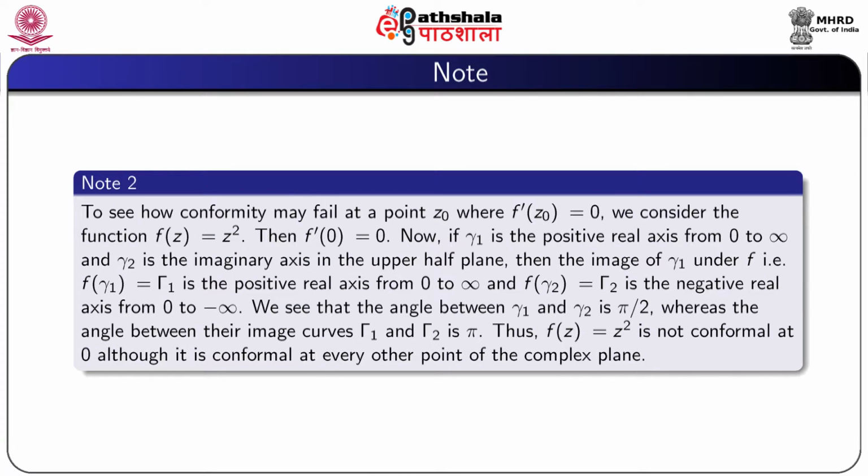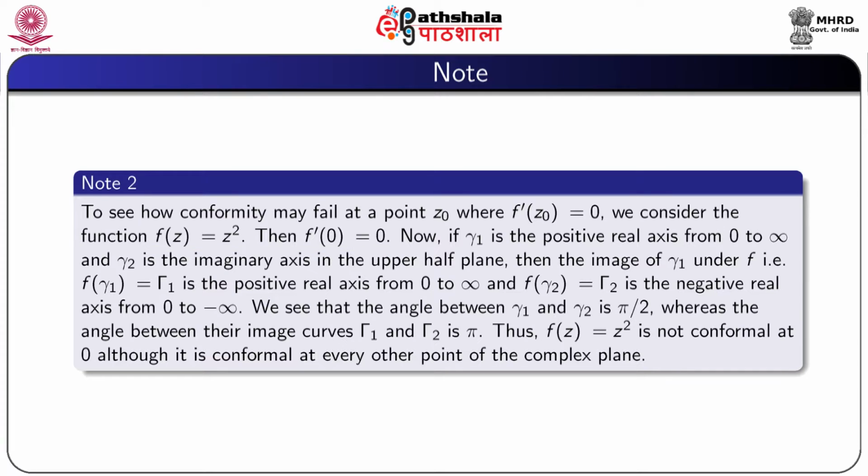So, another note, to see how conformality may fail at a point z0 where f dash z0 equal to 0, we consider the function f z equal to z square, then f dash 0 equal to 0.